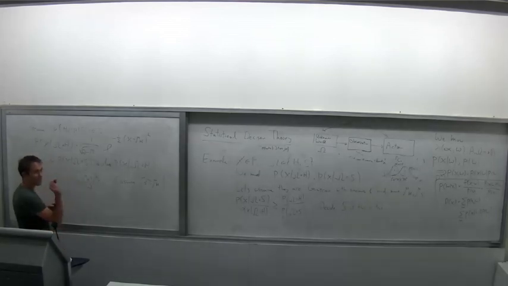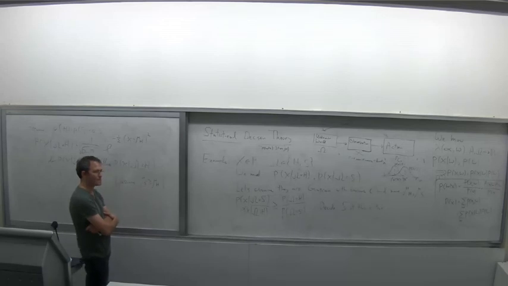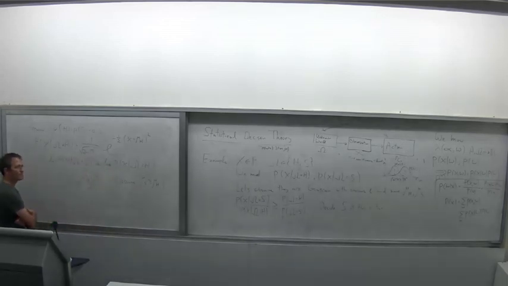Let's say I have 37, let's say. So I should integrate the probability of X given healthy or sick.